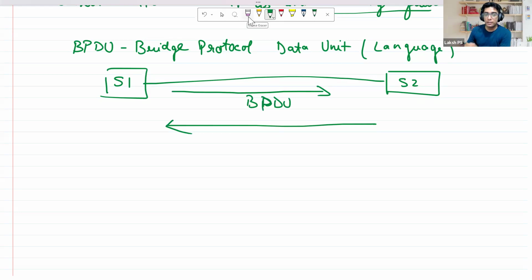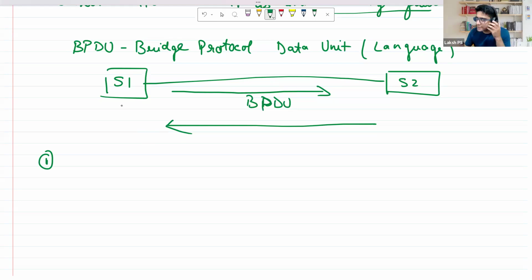Now, what is the information present inside the BPDU? First of all, when two switches are connected together, and as I said, the spanning tree starts to run, they will assume themselves as the root switch.